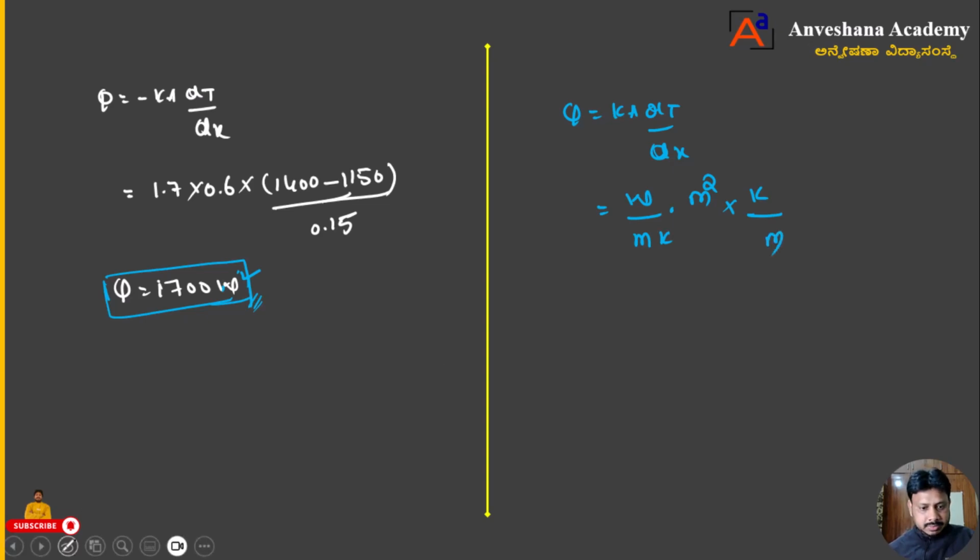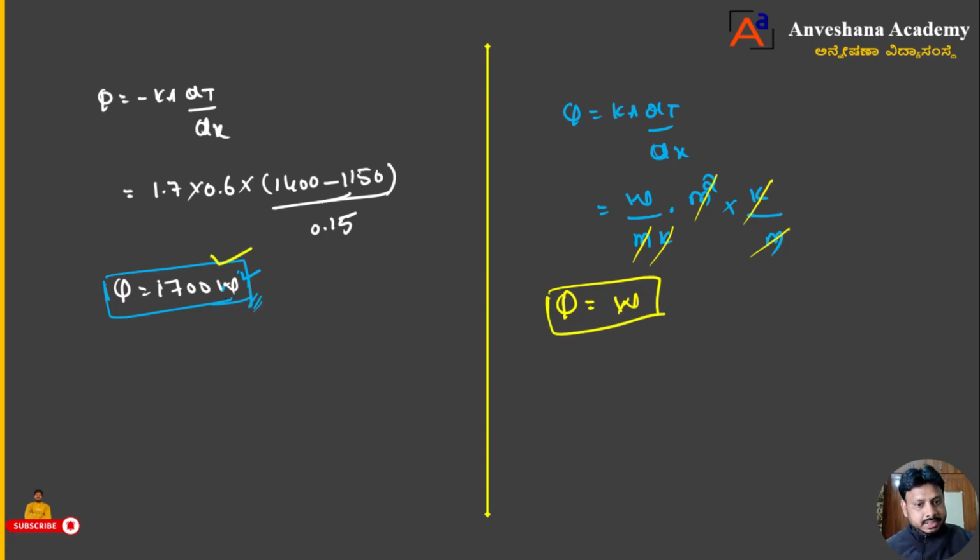So meter square and meter cancel to leave one meter, Kelvin cancels with Kelvin, and the final unit for heat transfer is watt. So the final answer is 1700 watt.